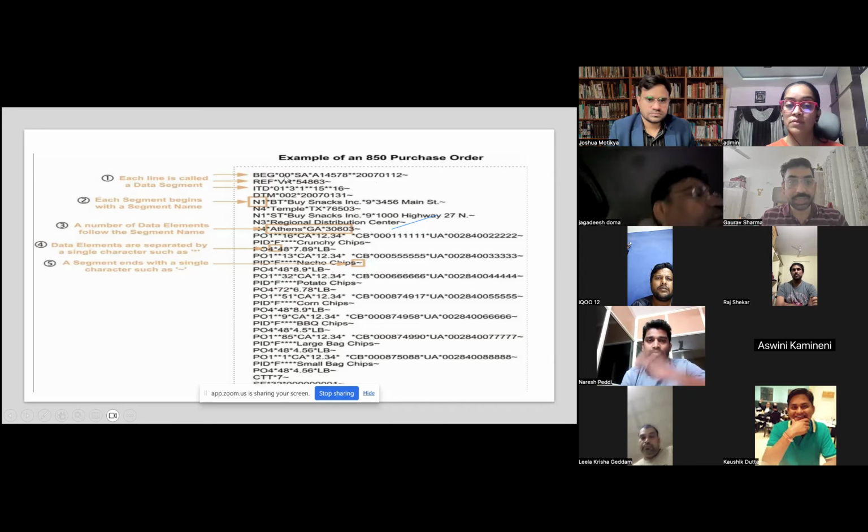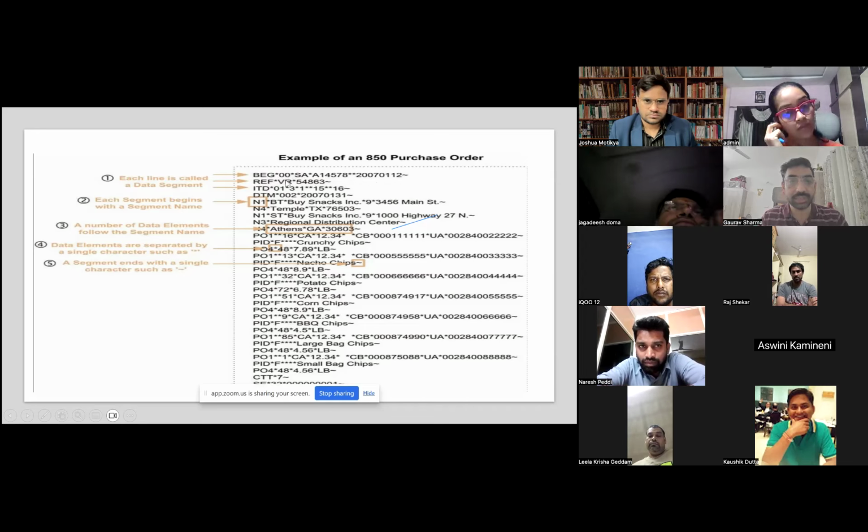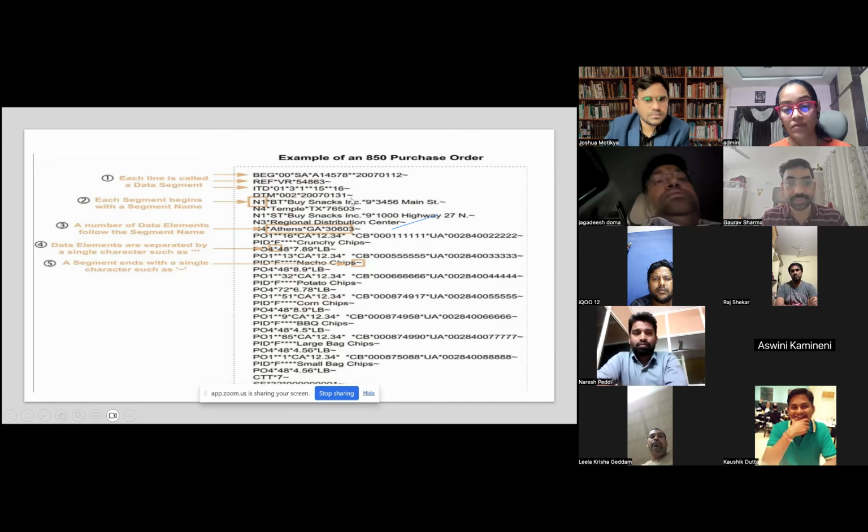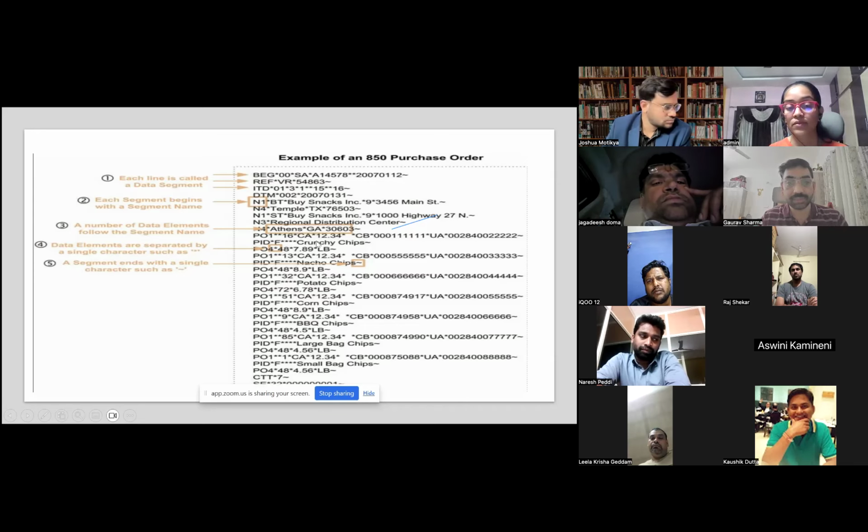Each data element is separated with the asterisk sign. Between two asterisk signs, there is one data element and the information in it. And this particular segment ends with a tilde sign. This is how the X12 structure looks. This is an envelope in which the data is securely processed from one system to another system.